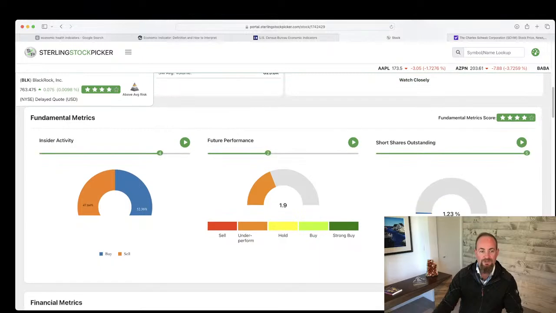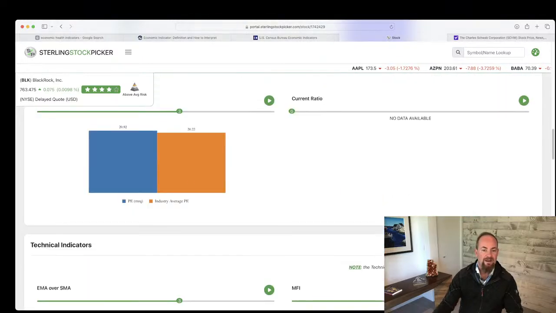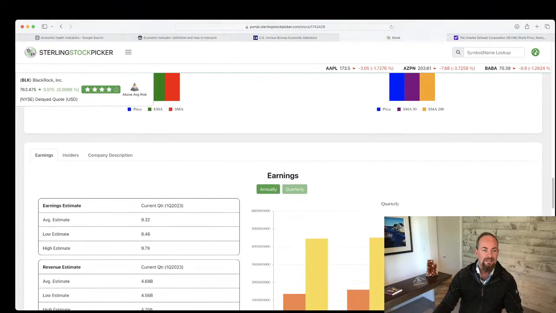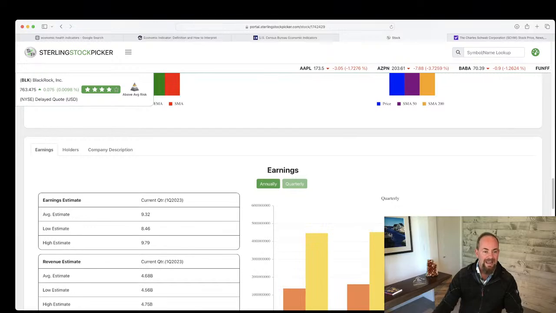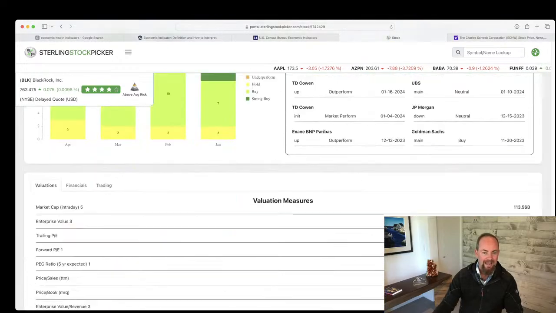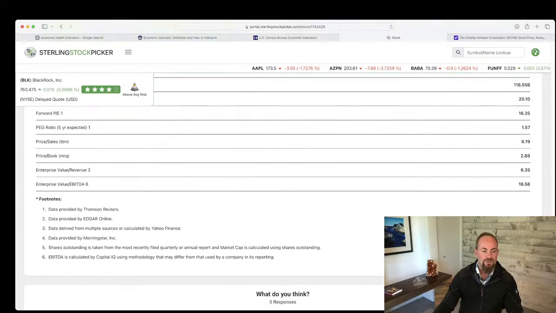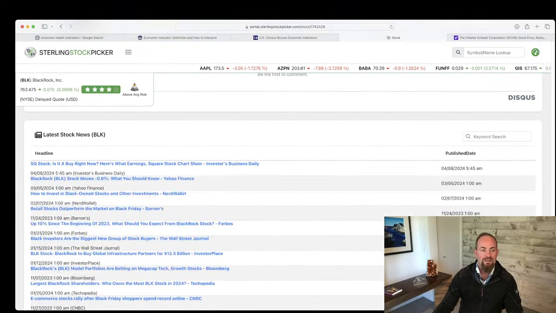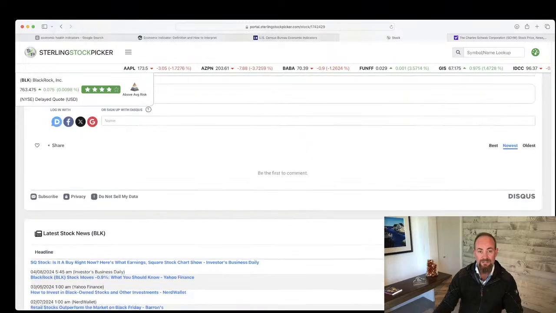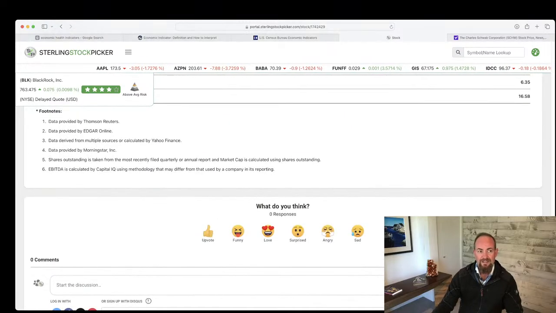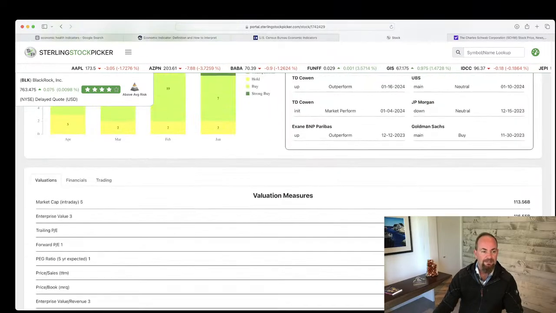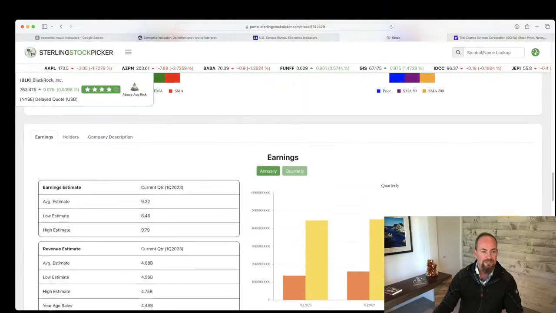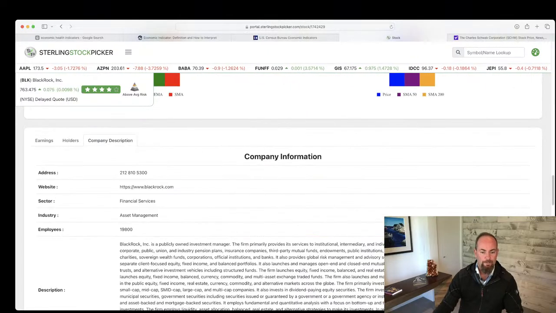But their most recent earnings came out where they announced that they have AUM, which stands for Assets Under Management, of $10.5 trillion. $10.5 trillion.